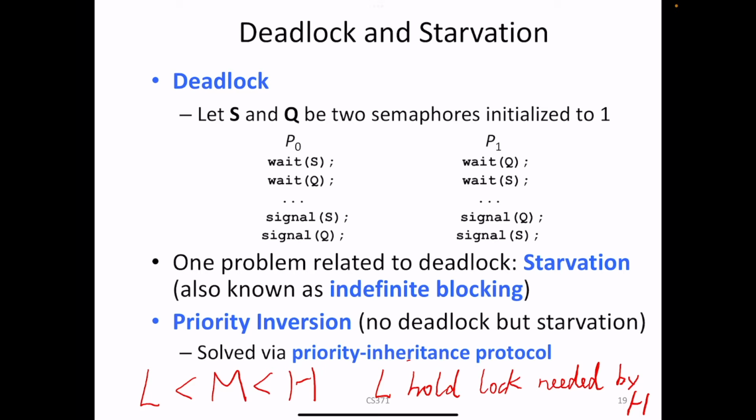Since H is blocked by the lock, the scheduler will choose M and put M on the CPU to be executed. Because the priority of M is higher than L, L cannot get a chance to be executed on the CPU. Therefore, L cannot release the lock needed by H, which causes H to be suspended in the waiting queue for a very long time.